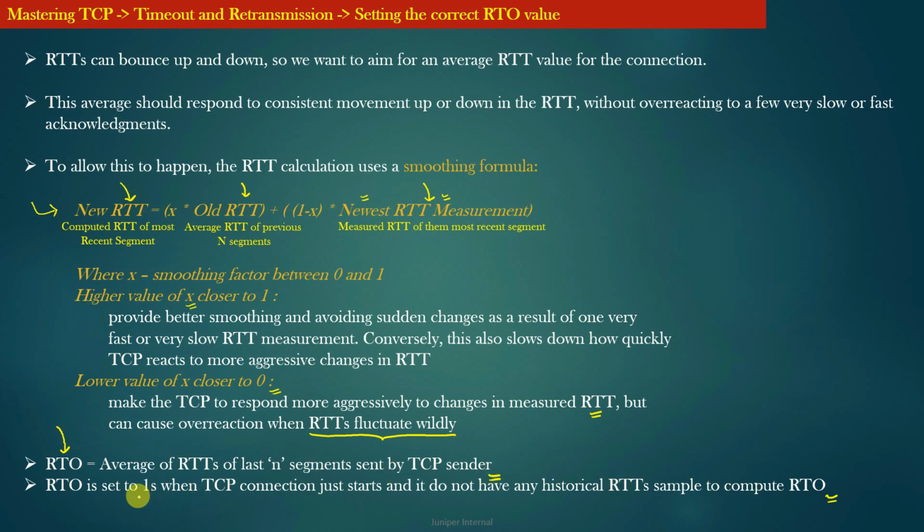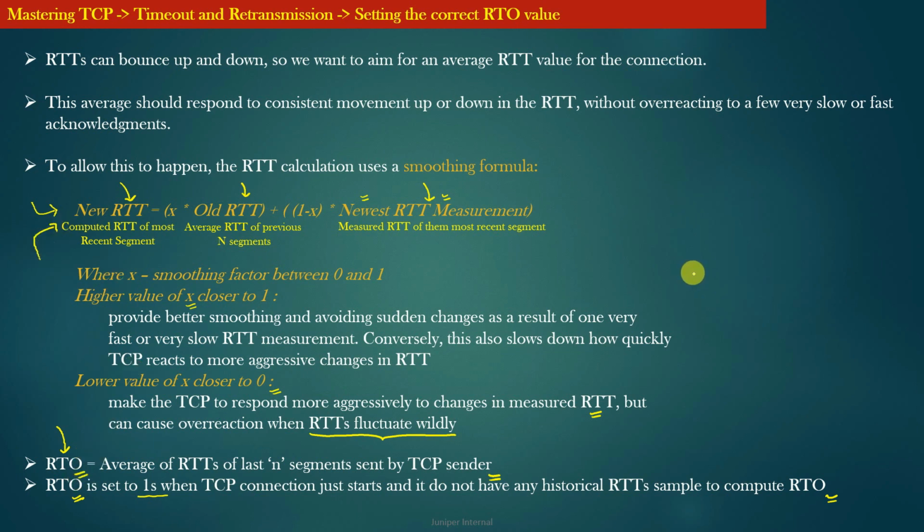So when the connection is established and the three-way handshake happens, TCP initializes its RTO for a connection to 1 second only. And it is only after that, when data exchange happens between the TCP sender and TCP receiver, and when the TCP sender accumulates a certain number of RTTs of previous n segments, that it starts computing RTO as per this smoothing formula.